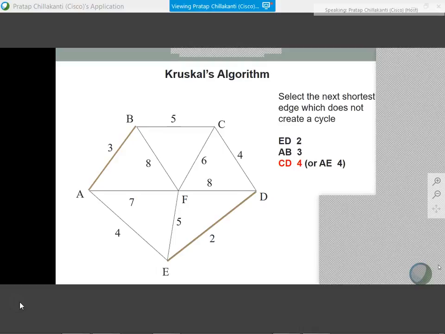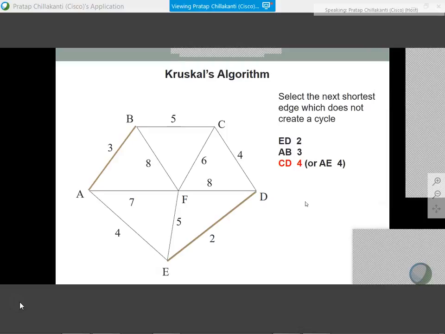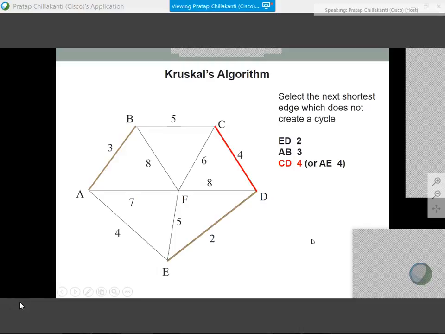You're absolutely right. So you can do CD or AE if they have the same numeric value. Choose one of them arbitrarily. Make sure they don't form a cycle. So we selected CD here.